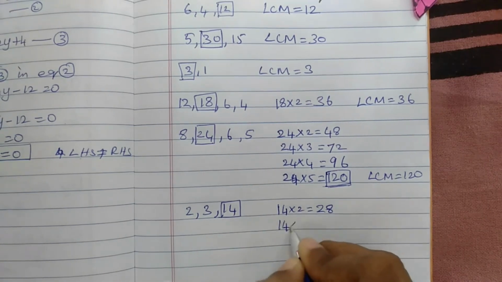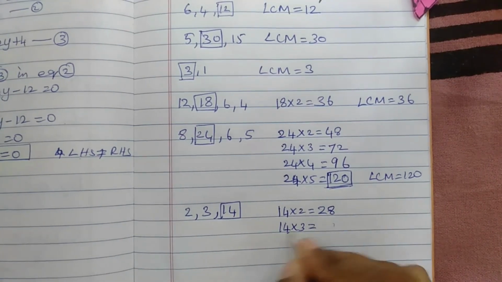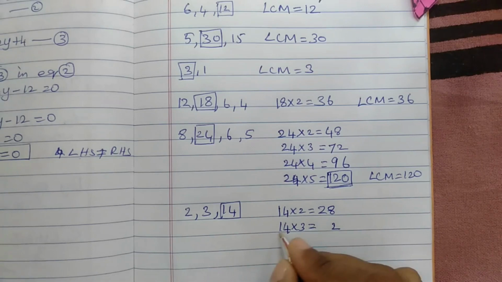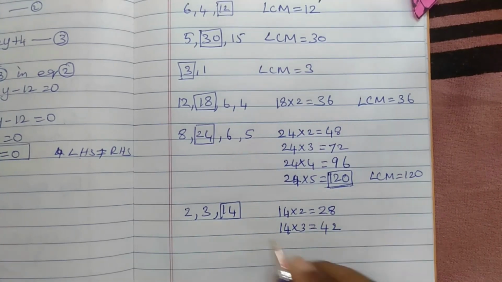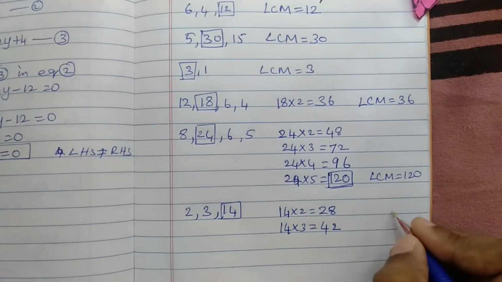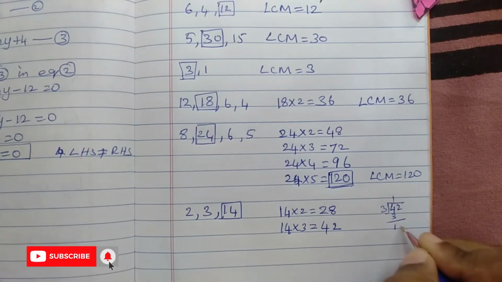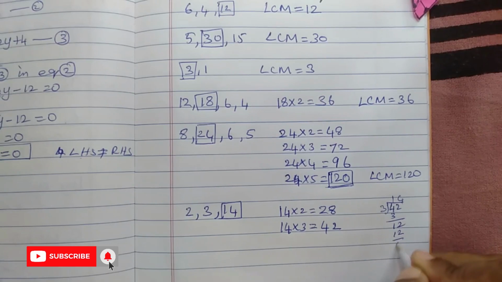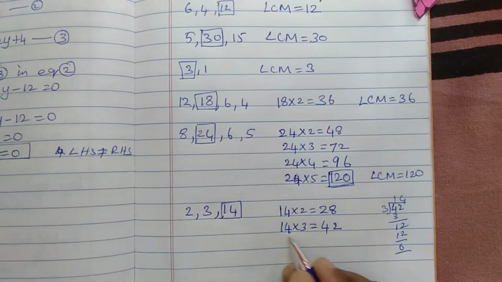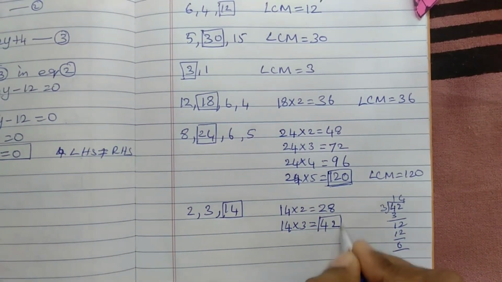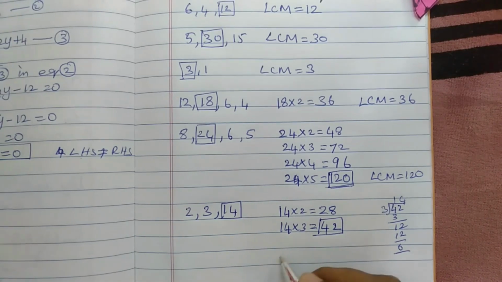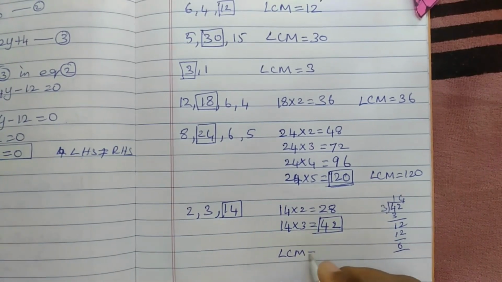So multiply 14 into 3: 4 3s are 12, so 42. I think 42 will divide. Right? 42 divided by 3: 3 1s are 3, 4 3s are 12. Yes, it divides. It goes 14 times. So here 42 will be our LCM. So LCM is equal to 42.